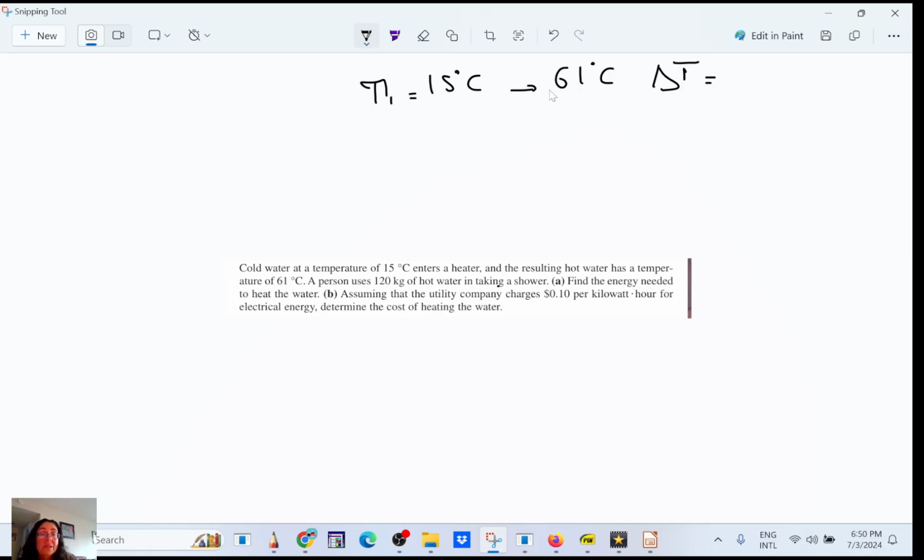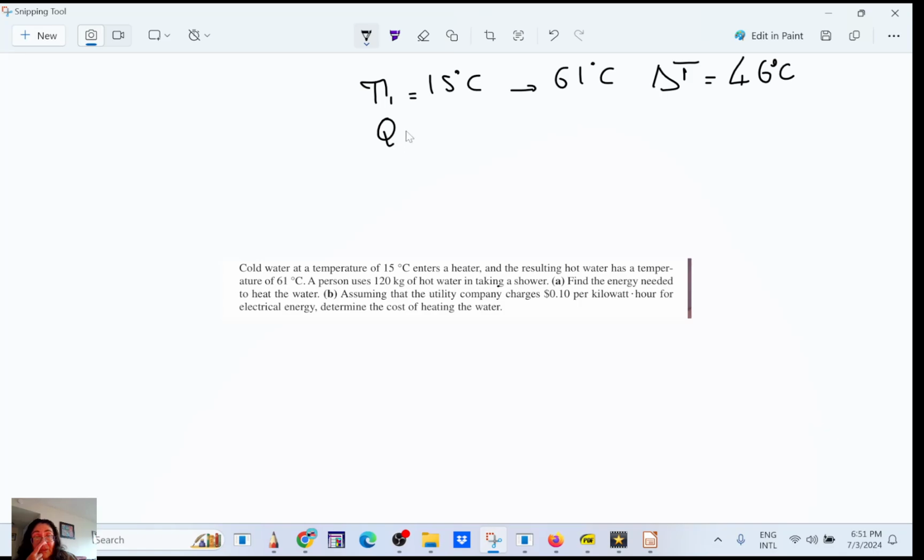So it's going to be 60 minus 10 is 50, minus 5 is 45. So it's going to be 46 degrees Celsius, I think. Right? 60, 50, 45, 46 degrees Celsius.